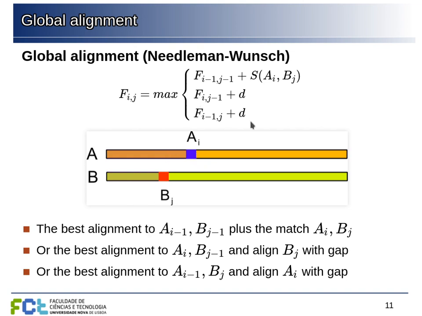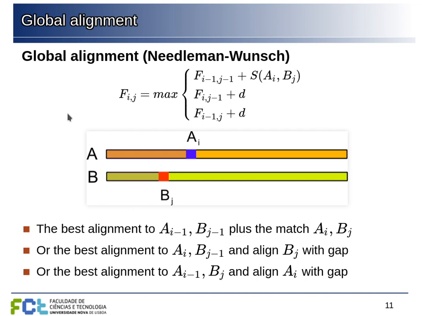Or we do it the other way around. So we align everything up to Ai, this part here. We include everything here up to Bj, and Bj is to align with that shaded part there. So this would be the best score of aligning this part with this whole thing up to Bj including. And then we have to leave Ai outside without a partner, so we also pay a gap penalty.